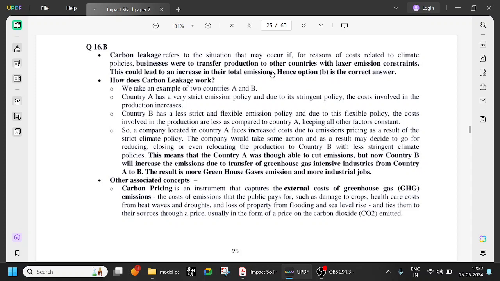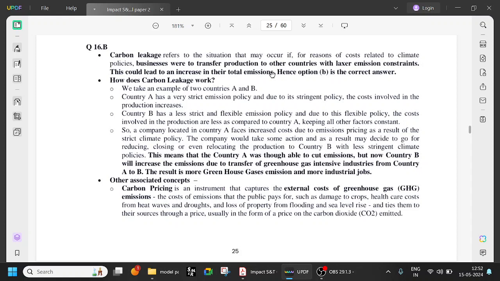They have very tough regulations: you have to have pollution filters, emission filters, and sewage treatment plants. Instead of bearing this cost, say they shift the production to China, where you may not have such strict regulations. So a product which costs 100 rupees in Switzerland may cost only 50 rupees in China.